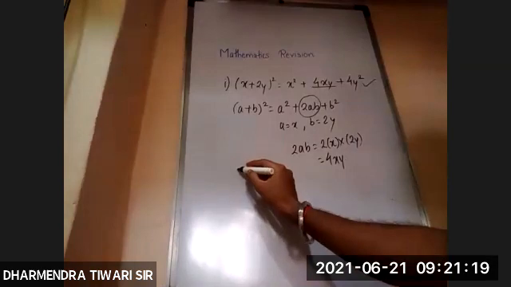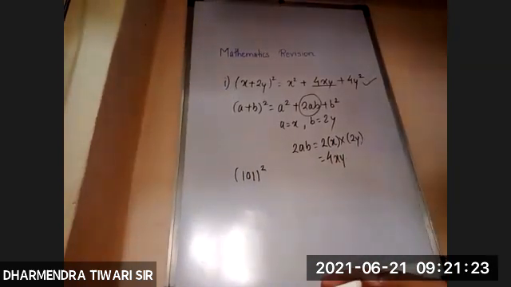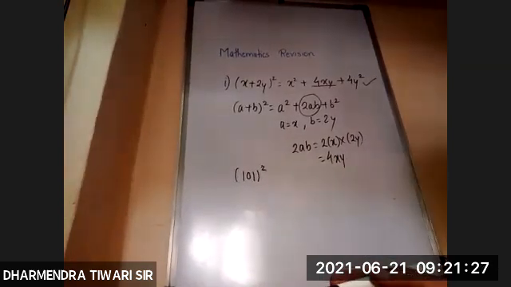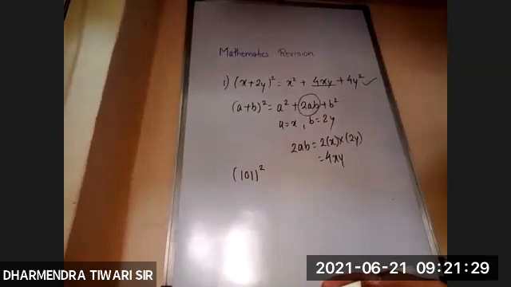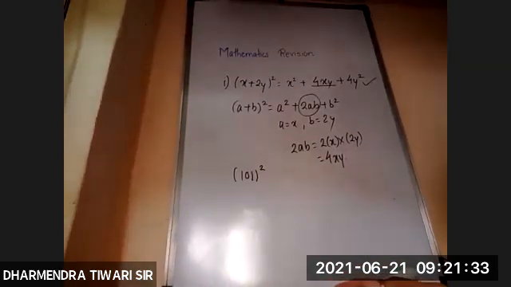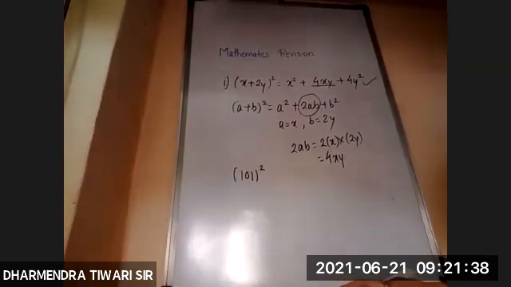Let's do this. 101 square. How can this be done? Just make a formula which will be convenient for you.